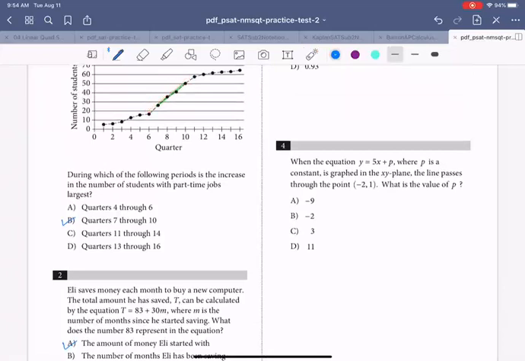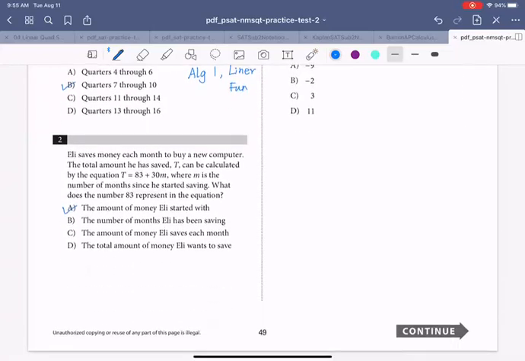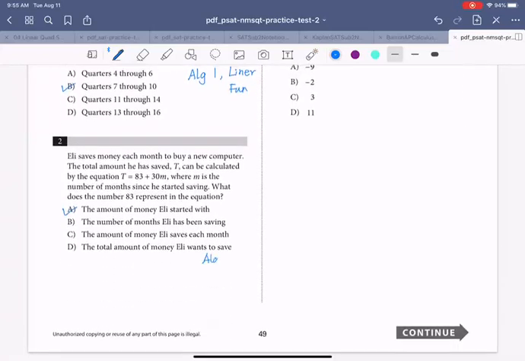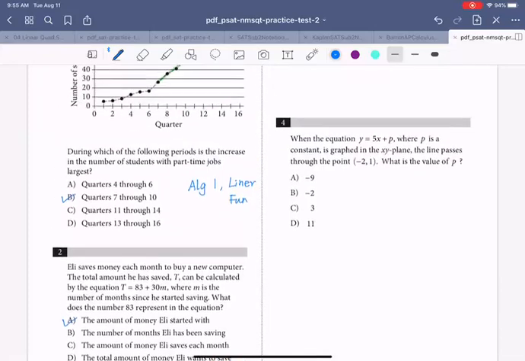I'm going to list the type of question it belongs to. Algebra 1 linear function, right? Yes, this is algebra linear function. This one is also asking for algebra 1 linear function, correct? Yes. This is asking what the y-intercept stands for. The initial value, one-time service fee, all right?